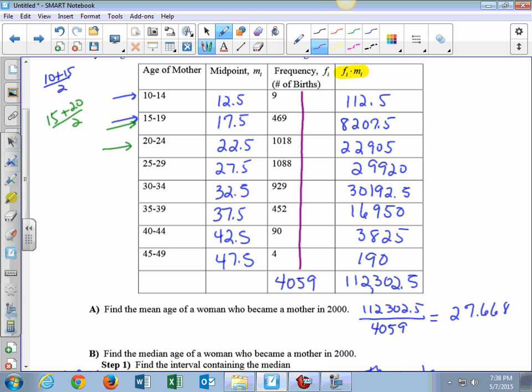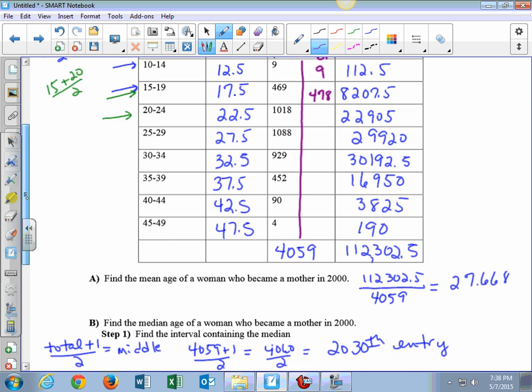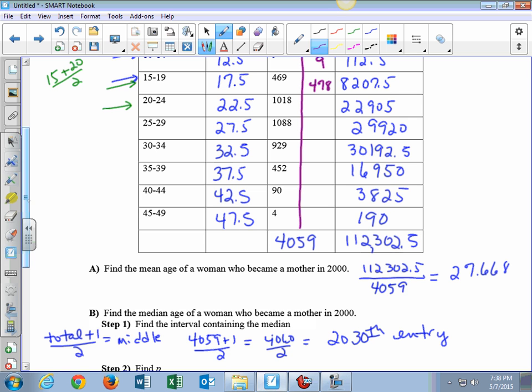Do you remember how we did cumulative frequency the other day in class? The first one is just 9. What's 9 plus the next frequency? 9 plus 469 would be 478. So I ask you, is my 2030th term within the first 478 terms? And the answer is no.